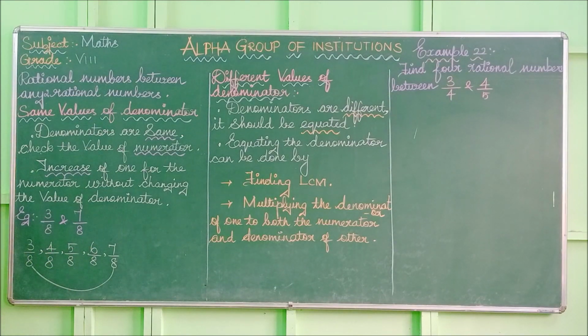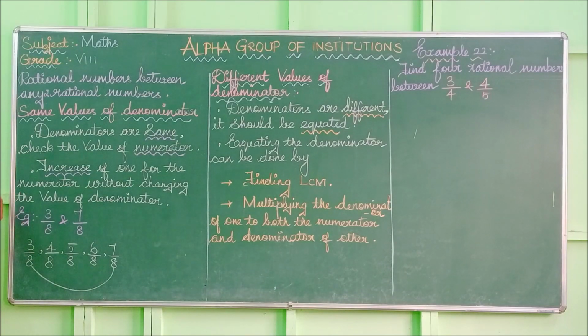But if they ask you to find 5 rational numbers in between 3 by 8 and 7 by 8, what can we do here? The one thing you have to do is multiply both numerator and denominator by 10. You have to keep this in mind.